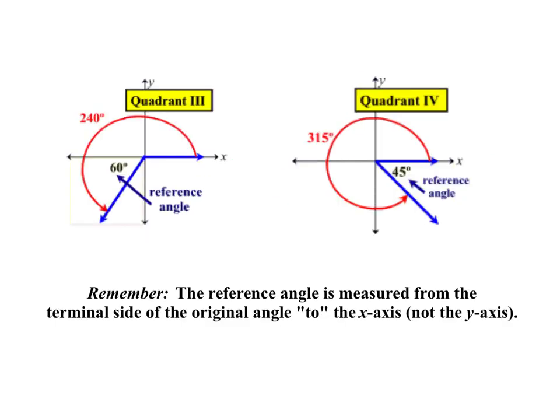Okay? Similarly, in quadrant 3, you have this big angle here, 240 degrees. The reference angle, the closest x-axis, goes back to 180. So you have to cut out this much of the angle, meaning you subtract 180 to figure out the reference angle.